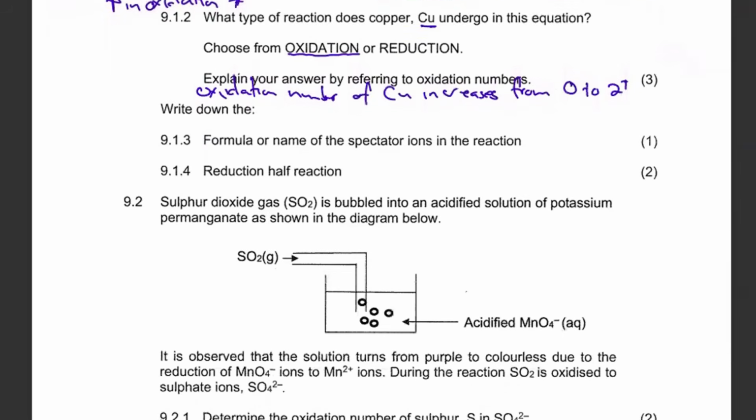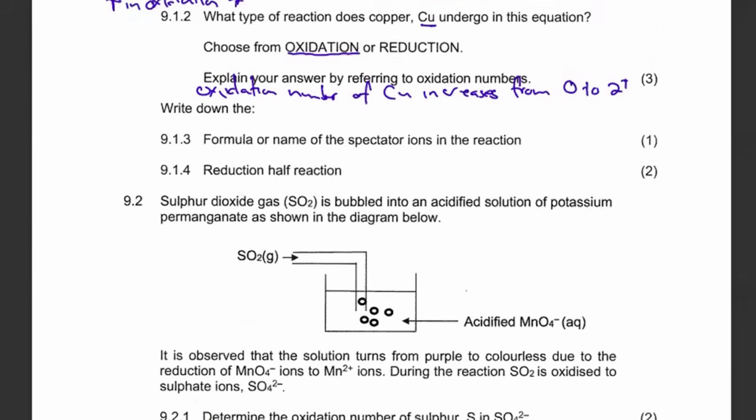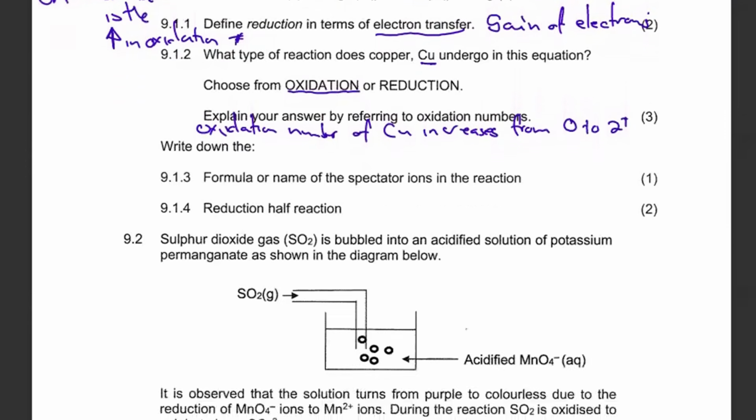The next part reads: write down the formula or name of the spectator ions in this reaction. Spectator ions do not take part in the reaction. If we check here, we started with silver nitrate, but the nitrate part is not even there in the equation. So they are the ones referred to as the spectator ions.